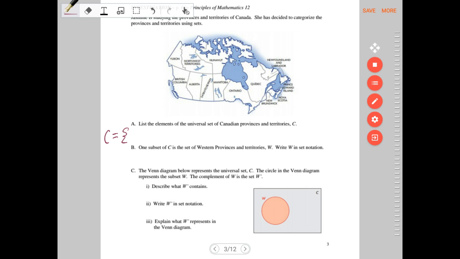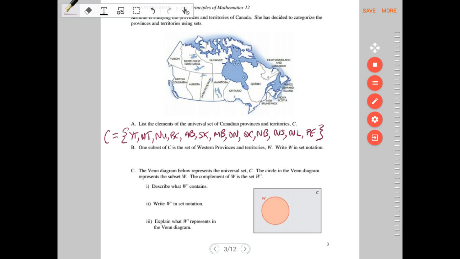Okay, so across the top we have Yukon Territories, Northwest Territories, Nunavut, BC, Alberta, Saskatchewan, Manitoba, Ontario, Quebec, New Brunswick, Nova Scotia, Newfoundland and Labrador, and Prince Edward Island. Okay, so that's all of them.